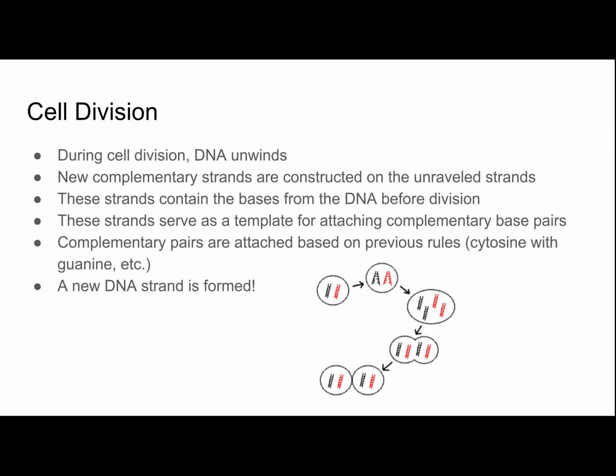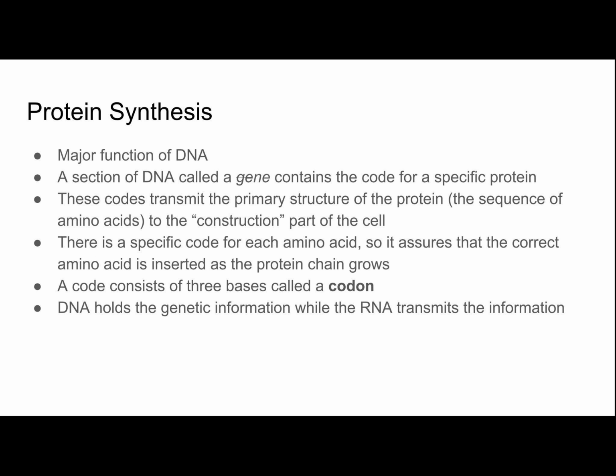The pairs are connected based on the previous rules, like cytosine with guanine, adenine with thymine, etc. Here's a diagram that shows the process whereby one strand within the DNA is unraveled, and then subsequent complementary pairs are attached, and this will form an entire new strand of DNA. So you're going to start with 1 and end up with 2.